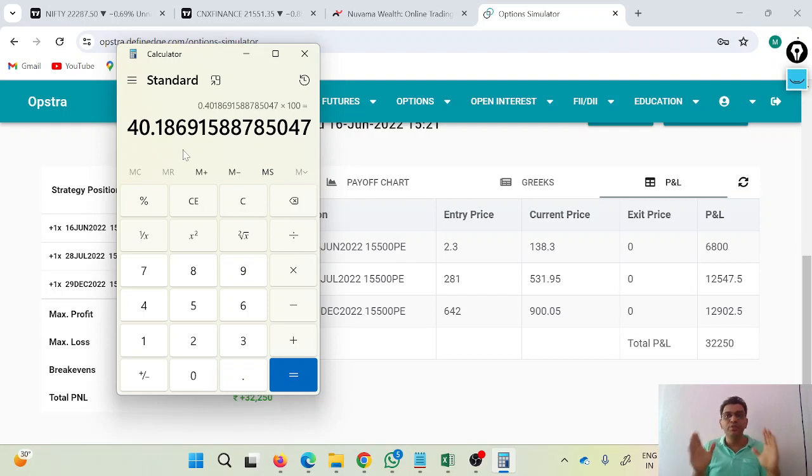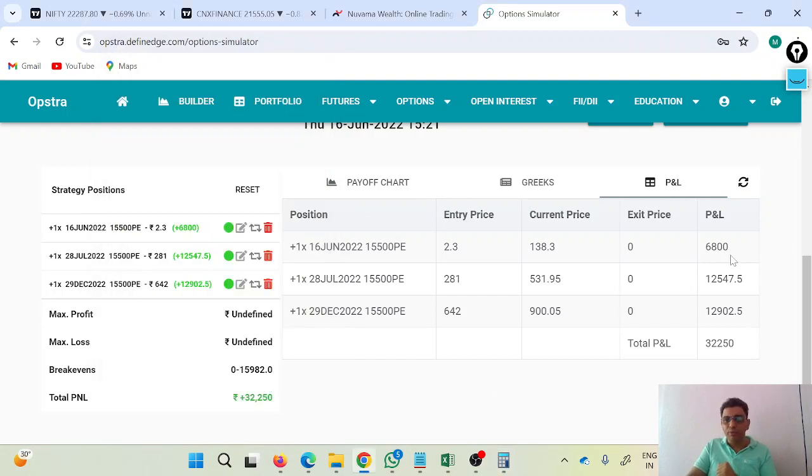I have taken the position at the same time. For December expiry, the option has increased only by 40%. But for today's expiry, the option has increased by 5,900 percent or 6,000 percent. And you can look how much profit. It has given almost the same profit or a little bit less profit. From 2 rupees it has shot up to 138.